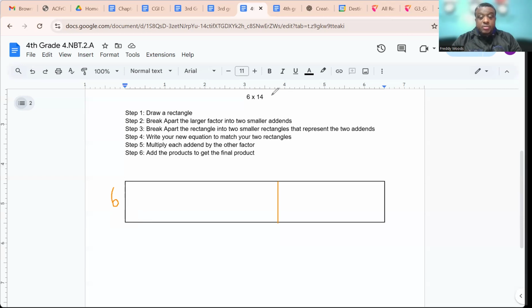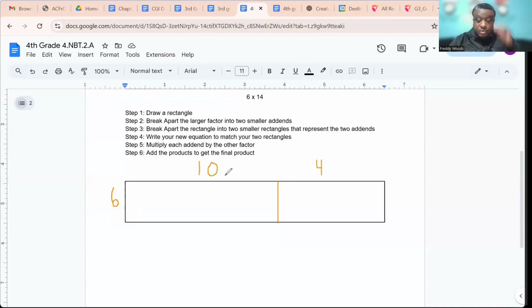I'm breaking apart 14, my bigger factor. So in the number 14, I have 4 ones and I have 10. All right, that's how I'm breaking it apart.